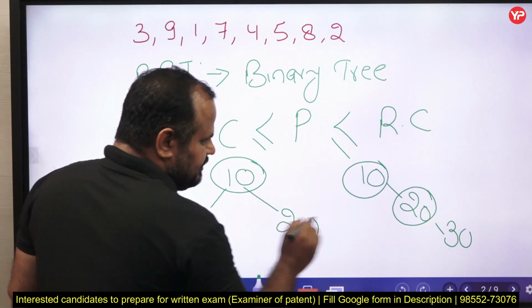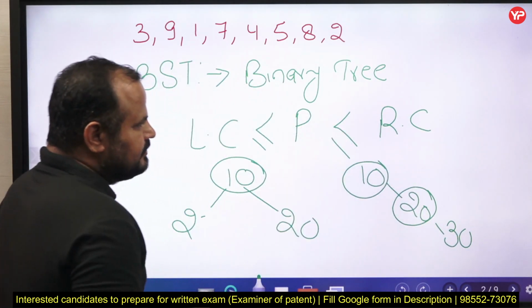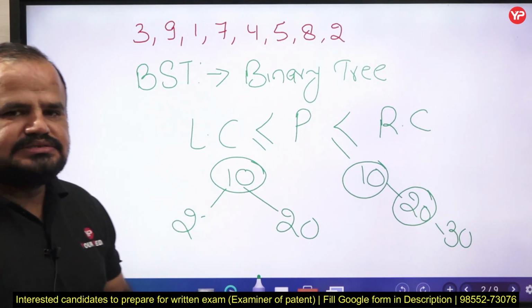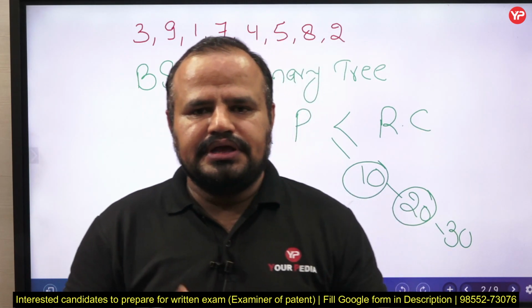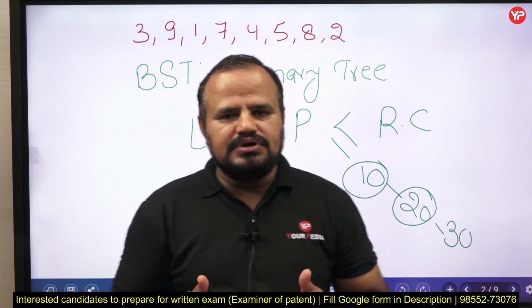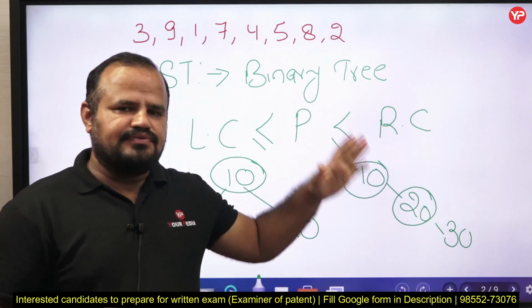Now 20 is the parent, the right child of 20 is 30, which is greater than the parent. So in this way we can say what a binary search tree is. It is basically a binary tree in which the parent node is greater than or equal to the left child, but the parent node is less than or equal to the right child.